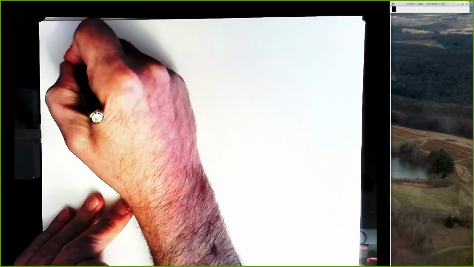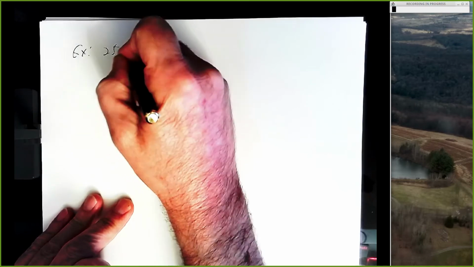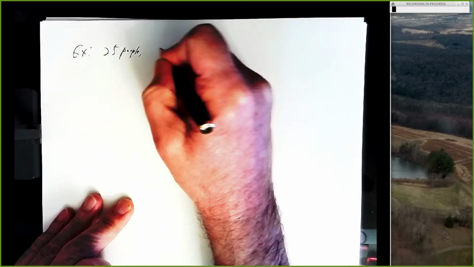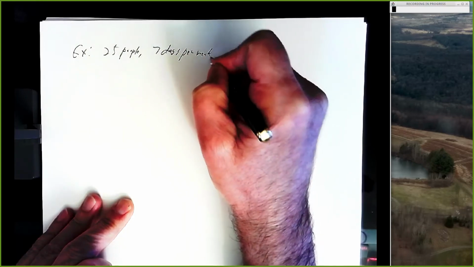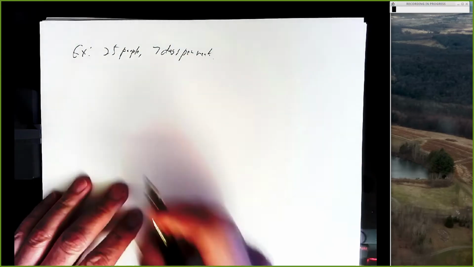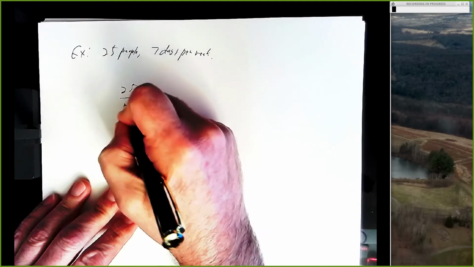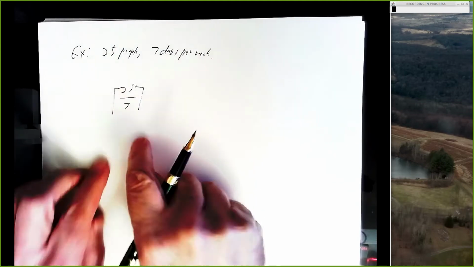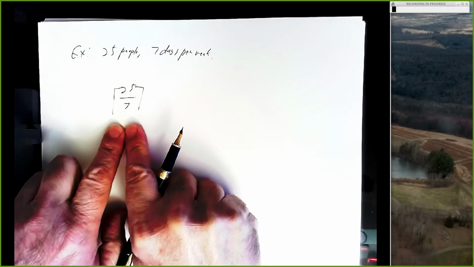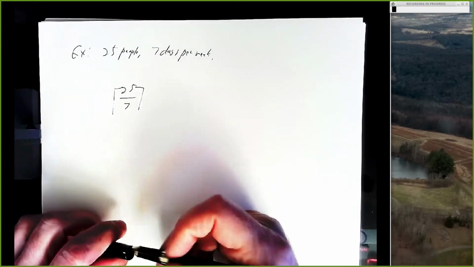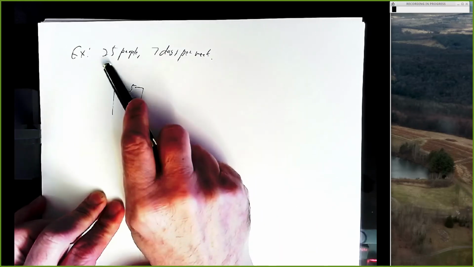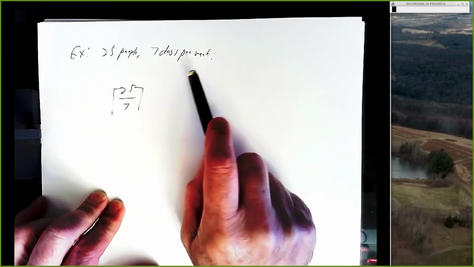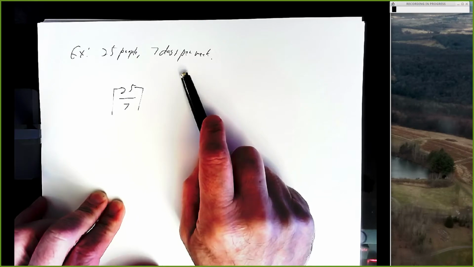So for example, 25 people and 7 days per week. The generalized pigeonhole principle tells us that at least this many people were born on the same day of the week from a group of 25. And how do we know? We make 7 boxes, one for each day of the week, and put those 25 people into those boxes based on the day of the week on which they were born.